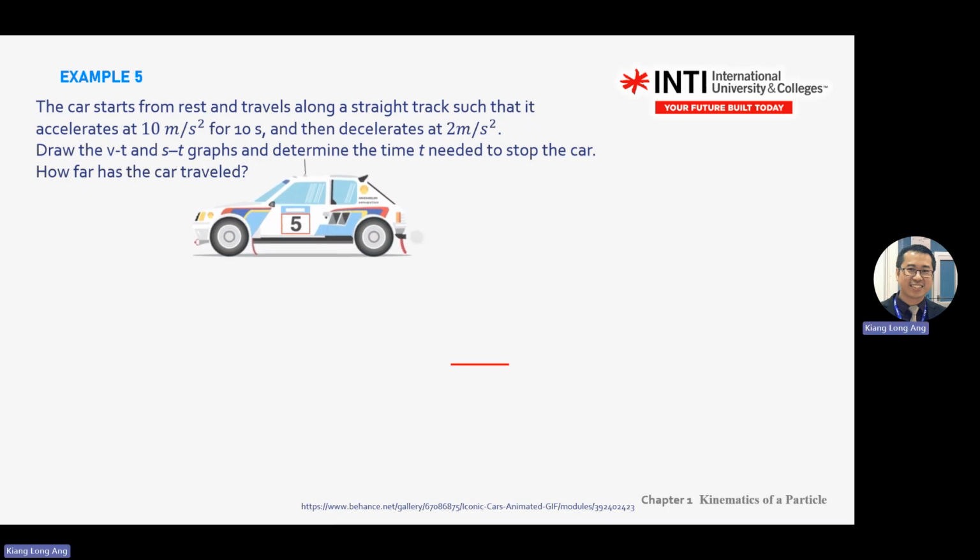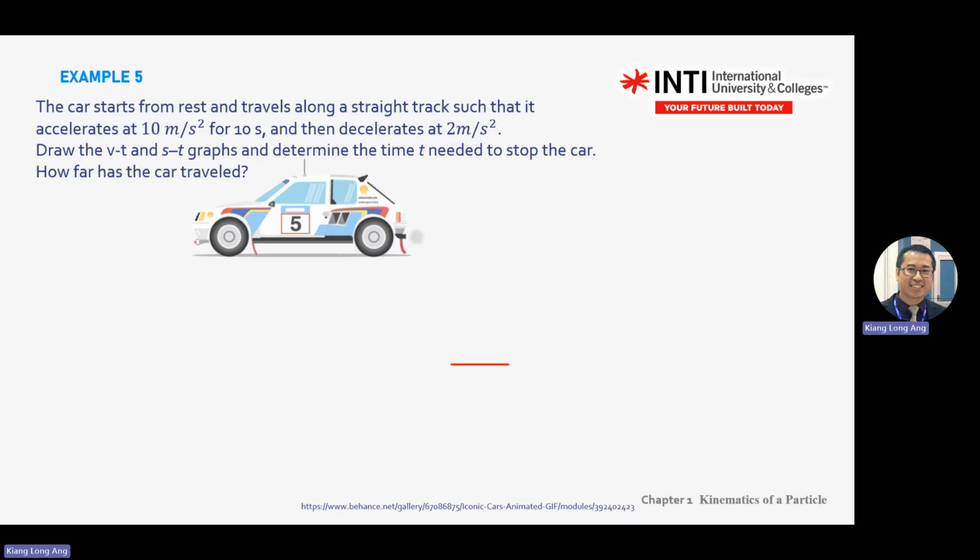You have the initial velocity, and then it decelerates at 2 meters per second squared. So it accelerates at a = 10 meters per second squared for 10 seconds.